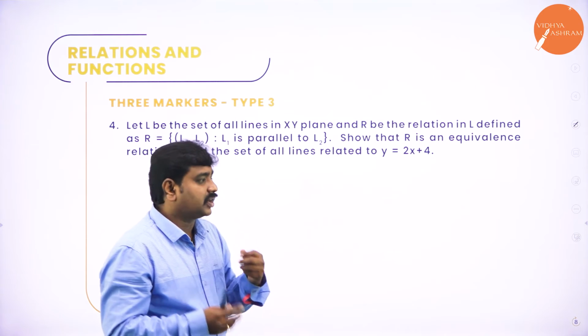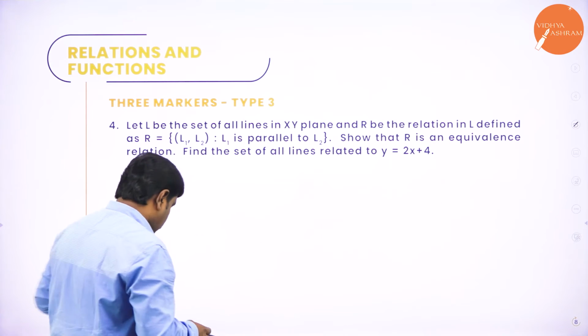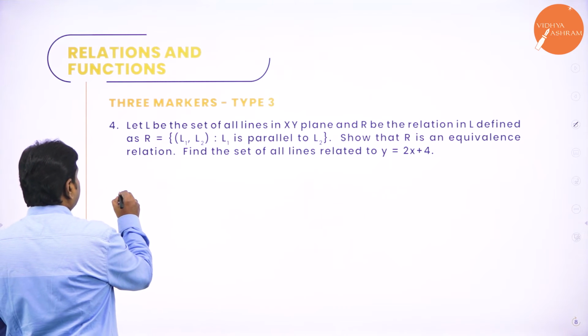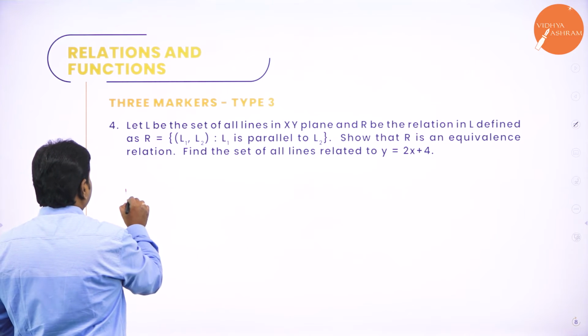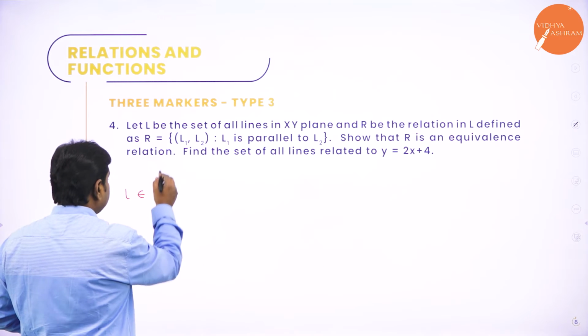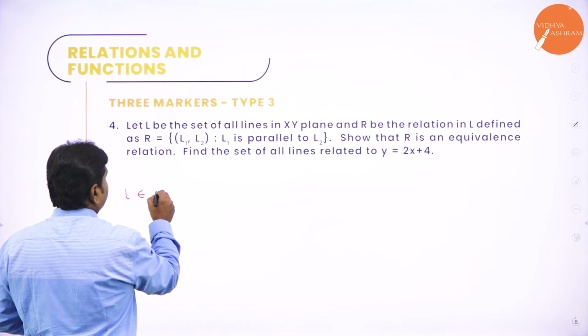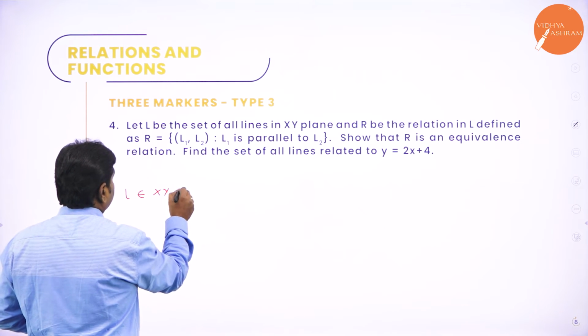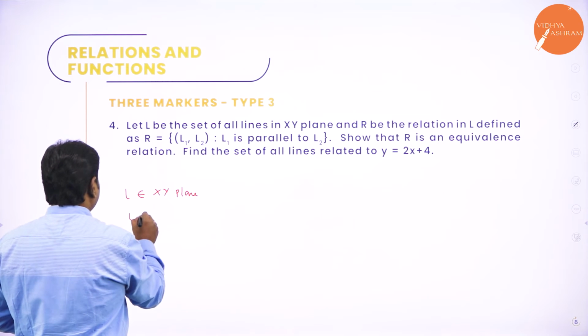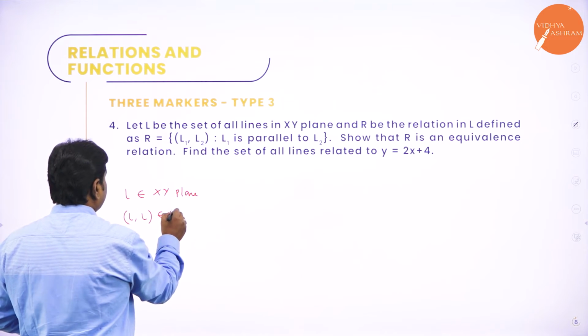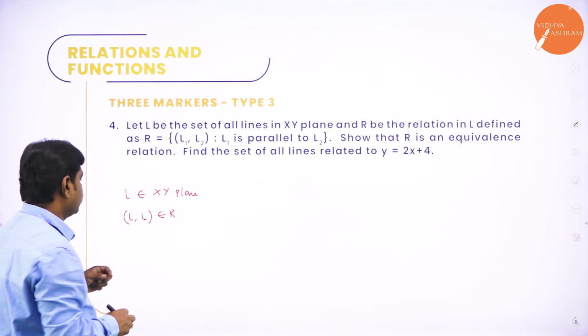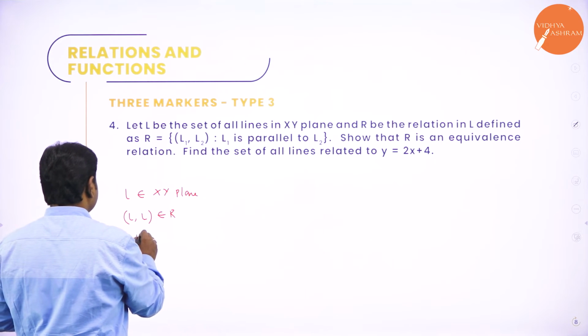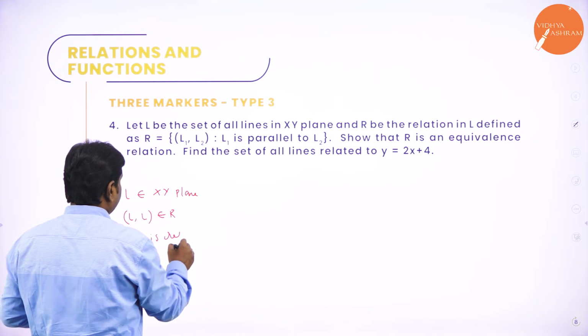So we can conclude on the same lines. How to check reflexive? We'll take the xy plane. So L belongs to the xy plane, then L comma L belongs to R, because any line is parallel to itself. Therefore R is reflexive.